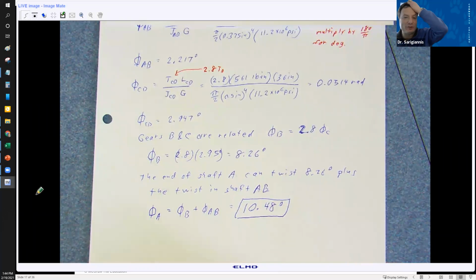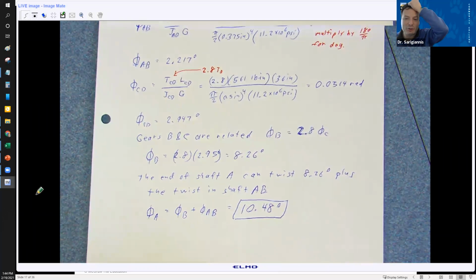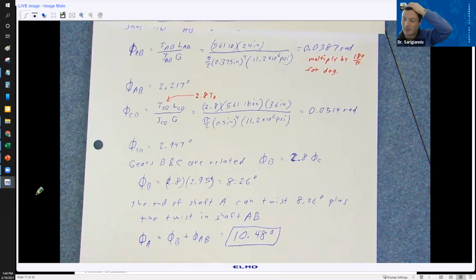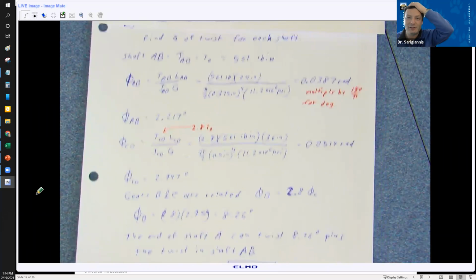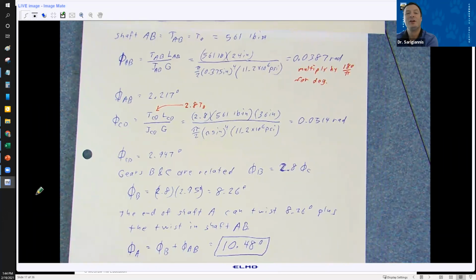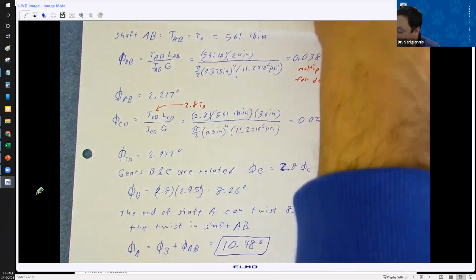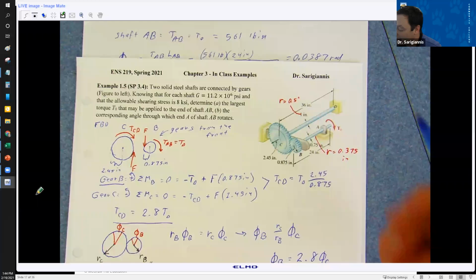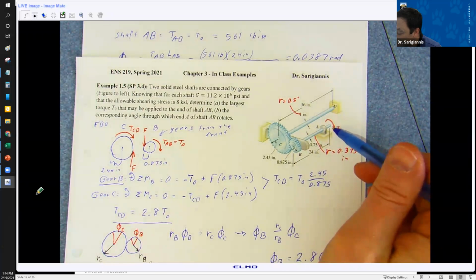This is a little confusing, so I'm going to walk through this addition again. Look at this system, physically what's happening. You're applying a torque here, a maximum torque of 561 pound-inch.